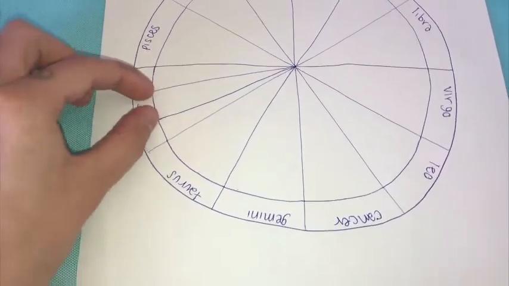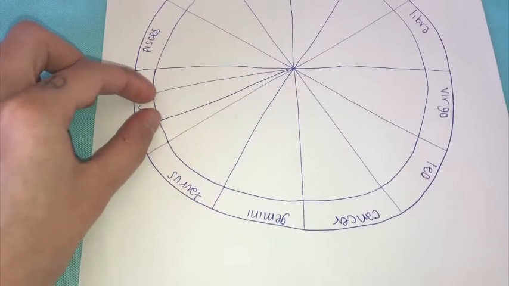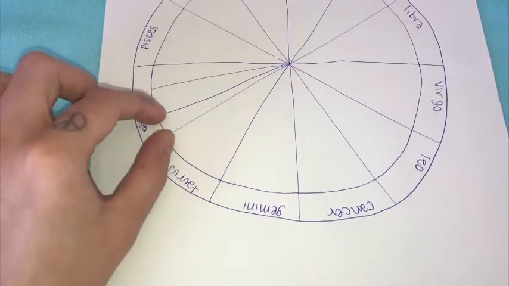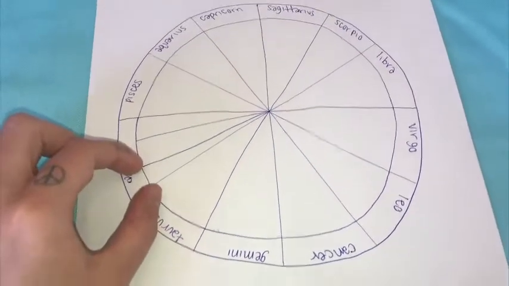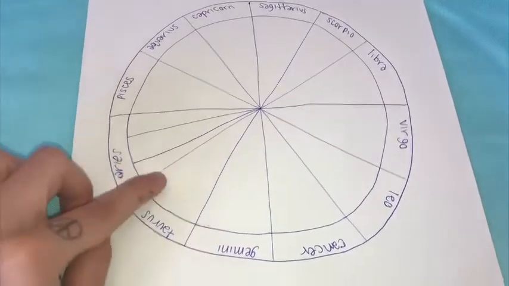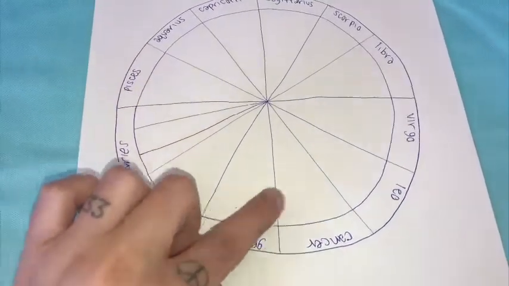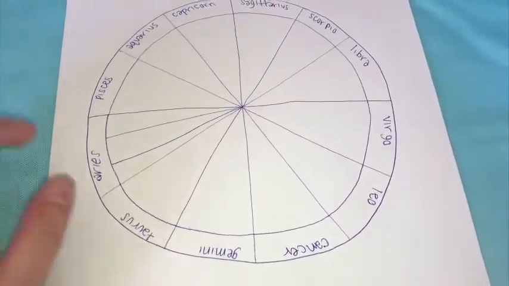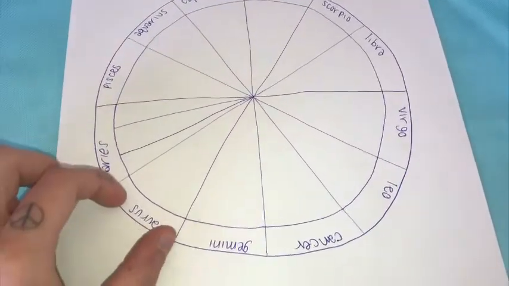The second, 10 degrees to 20 degrees, would be Leo. And then the third, 20 degrees to 30 degrees, would be Sagittarius, okay? These 3 sections are decans. Each sign has 3 sections within it. Those are the decans of each sign, okay?